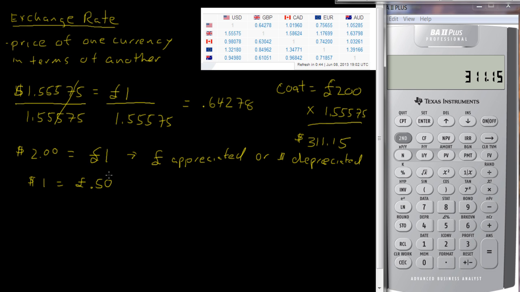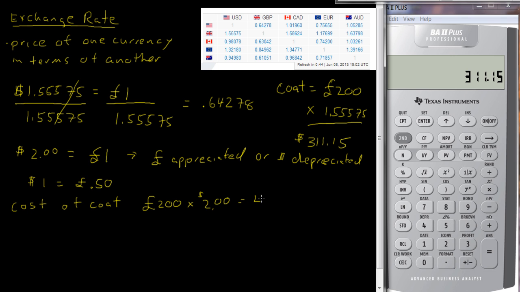Well, how does that affect what things cost? How much does the coat cost now? Say it still costs 200 pounds sterling. So it's 200 pounds times the exchange rate, which is $2 per pound.